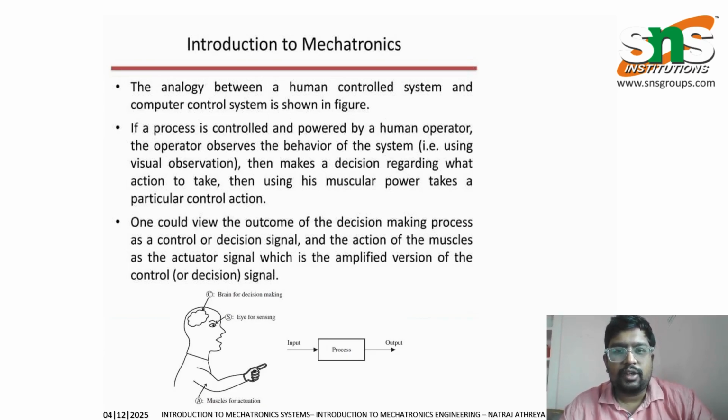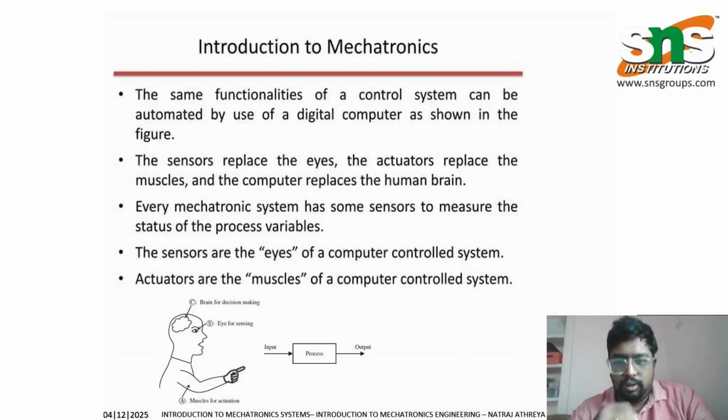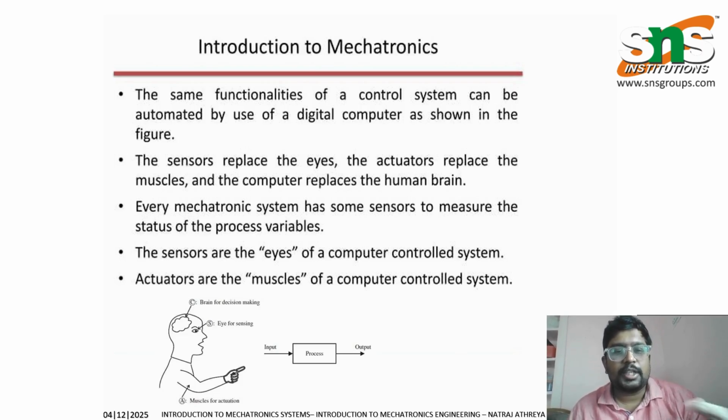That is controlled by our human brain. Our sensors in this case will be our eyes, which observe the actual system, and the actuators will be our muscles, which control the system.